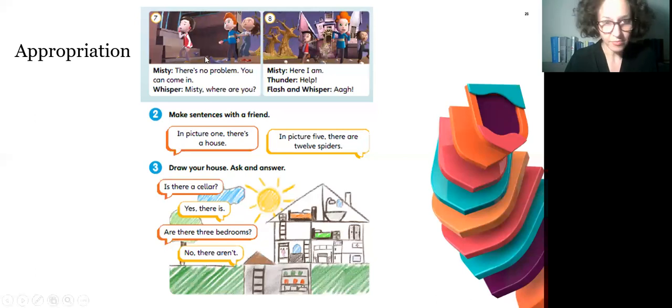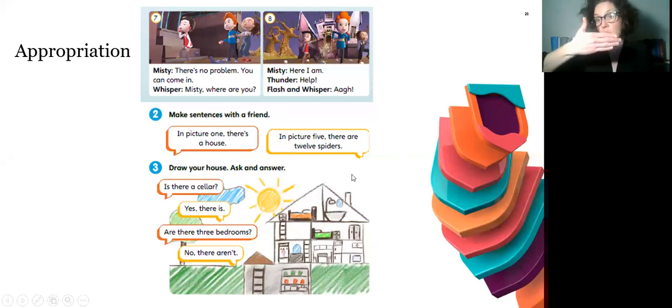Yeah, you see here, there is no problem, new expressions and so on. And then they work with the same structure, but it becomes a little bit more complicated in terms of critical thinking, logic thinking, creative thinking, because you need to draw your house, ask and answer, or maybe not show it to the partner, and ask questions.